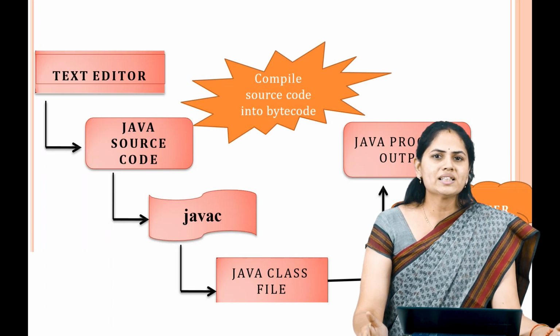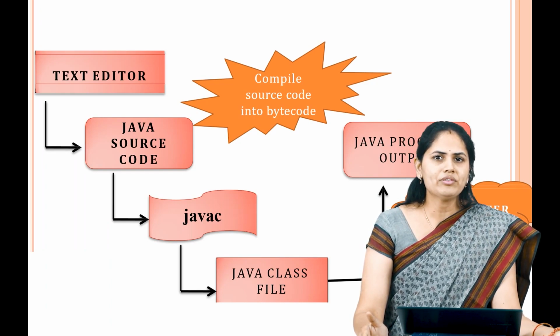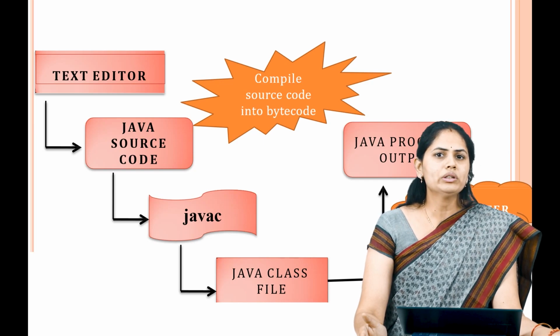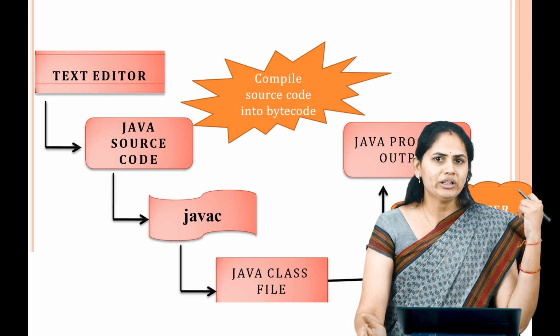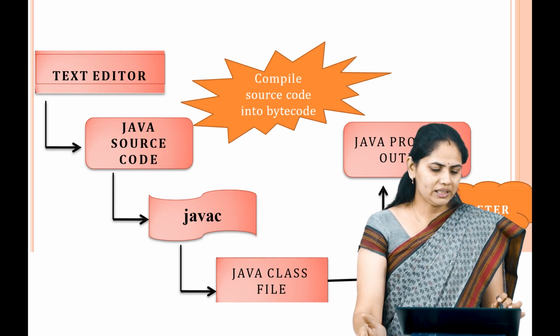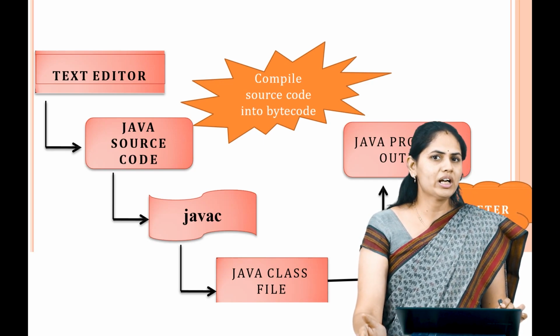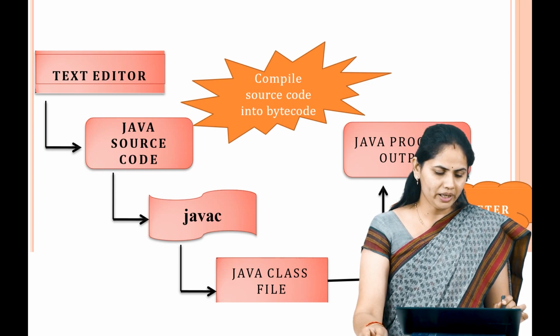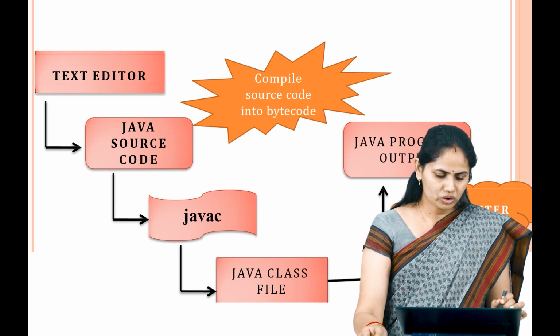Now, why is it a must to save the file with the same name as the class name? Because, as we know, the Java compiler creates bytecode. Here in this diagram, again we see that the text editor, meaning we are writing the program in Notepad, produces what is called the source code.